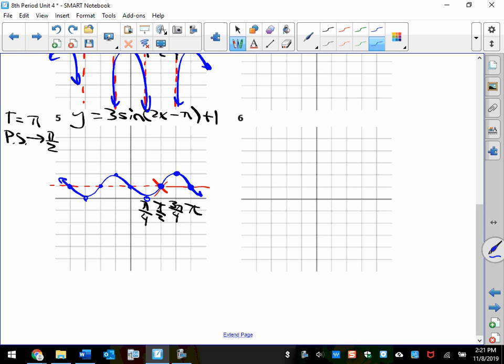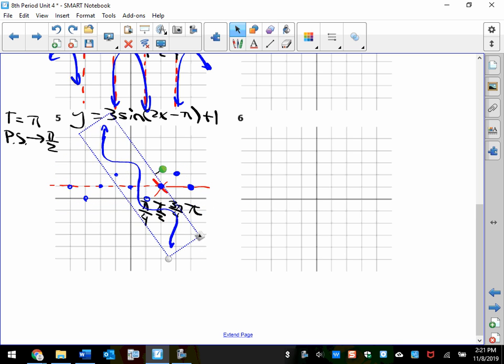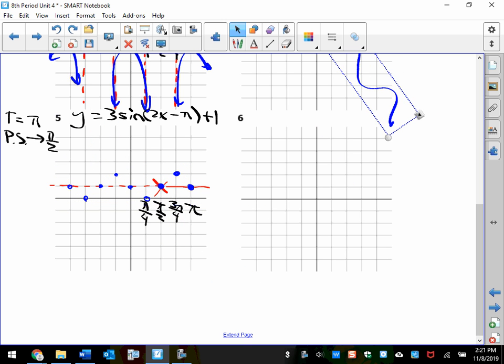Uh-oh, I made a mistake. I didn't do the times 3, so this should be 3 times as big. It's not going to let me stretch it, so we'll get rid of it. These should be 3 higher, so let's put these up a little bit higher. I'm going to have to get rid of these two.